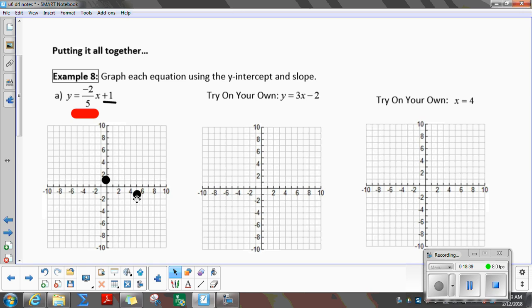I could keep going down 2 and over 5. That'll eventually take me off the graph. Or I could just reverse the sign, so move this negative to the bottom and make it a +2 over -5, gives me a point there, which still makes the same line, okay? So you could reverse the signs of the rise and the run and go in the opposite direction and still make your line. Alright?